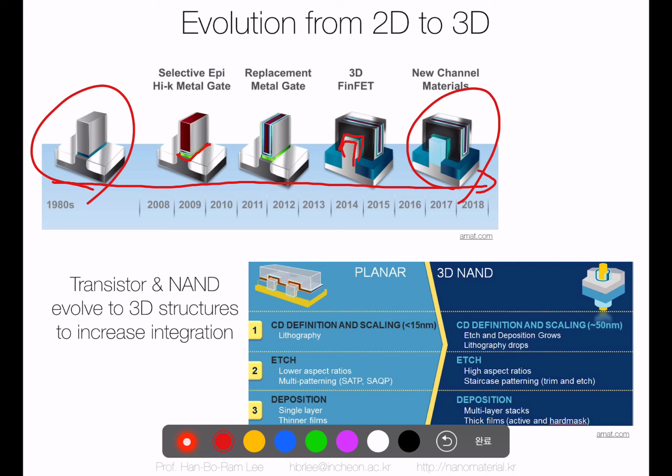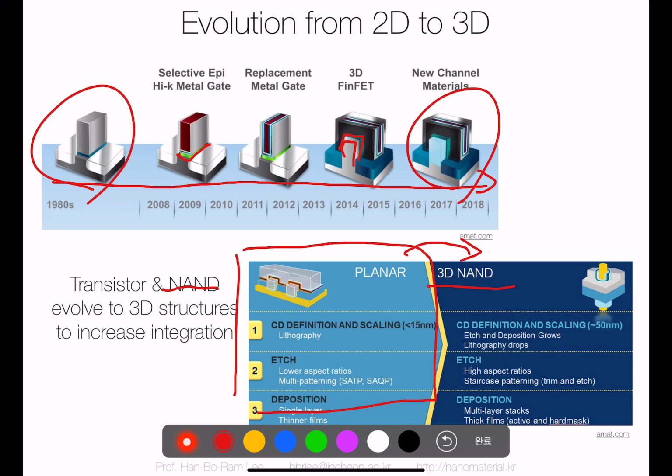The structure of the flash memory is very similar to the transistor, but a little bit different. We usually call that device a NAND structure, and it used to be two-dimensional, looking like planar devices, but now they have changed it to a three-dimensional NAND structure. All of the companies are now working on new fabrication of the three-dimensional NAND structure.